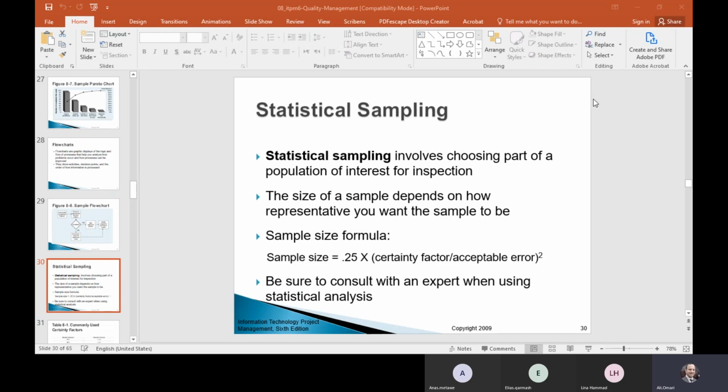The sample size is measured by the formula that you see in the slide: 0.25 times the certainty factor divided by the acceptable error, all squared. And we'll explain this in a minute.